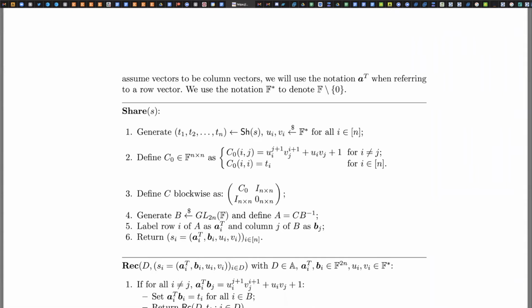This means they're going to pick ui and vi using a uniform distribution from some field where you're taking out the zero element. The field could be the reals or the complexes, whatever it is.